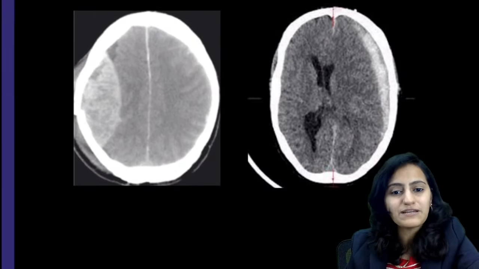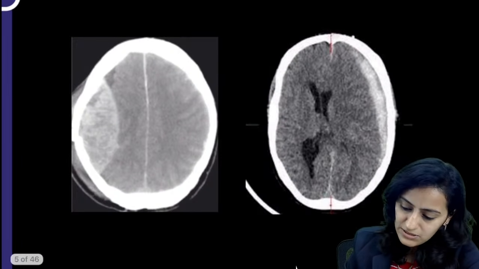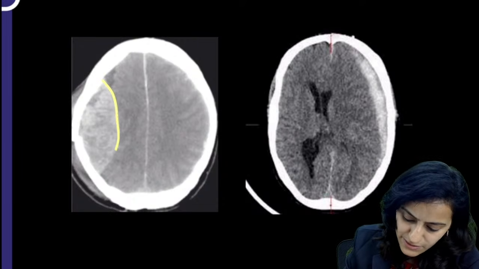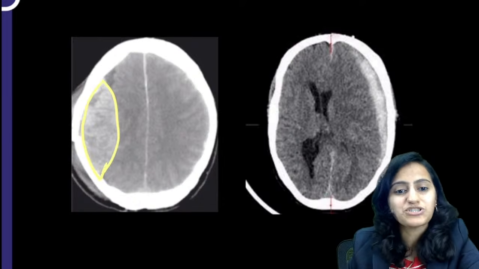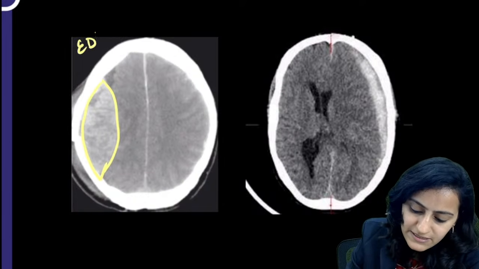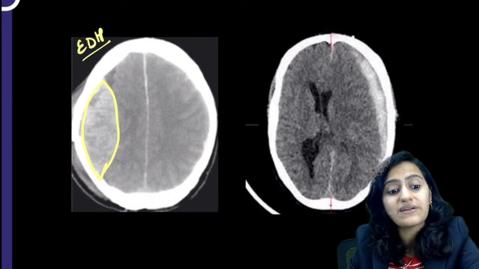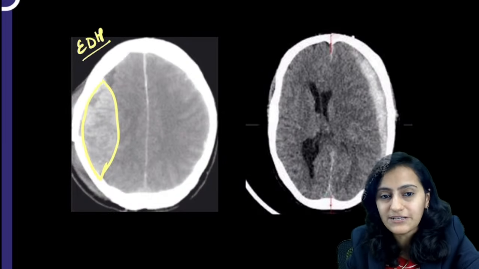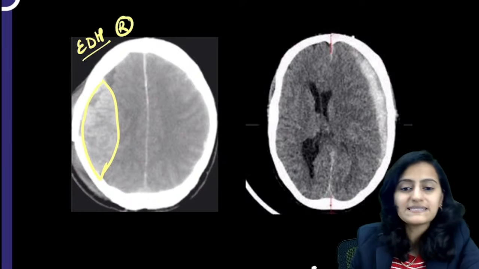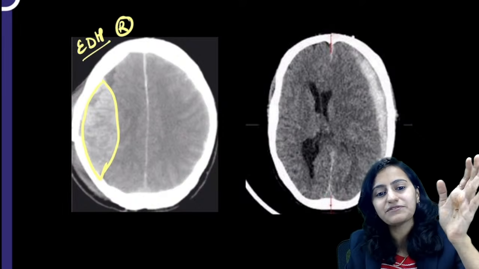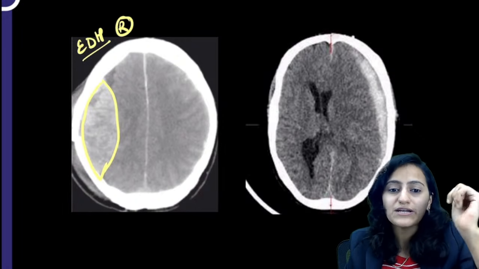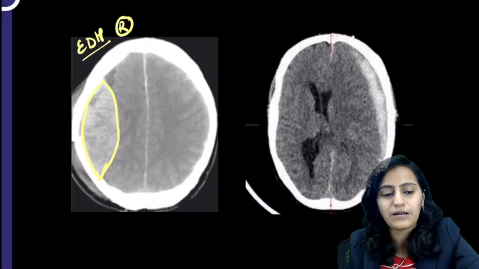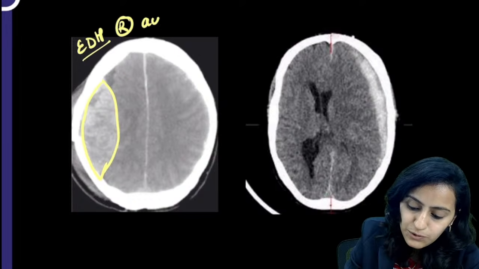Going on to the next image, a quick revision of the images. So we have had a discussion. This one here, which is the biconvex shape, lens shape, this is EDH. Is this right EDH or left EDH? Remember, this is the right side of the patient, your left, but the patient's right side. So this is right acute EDH.